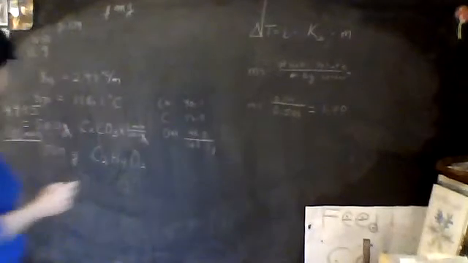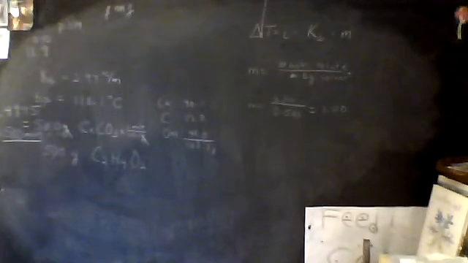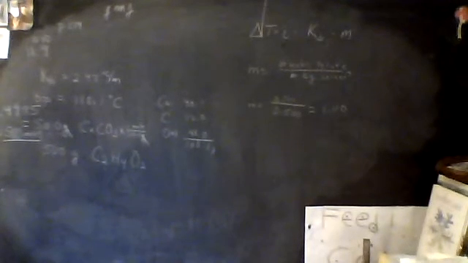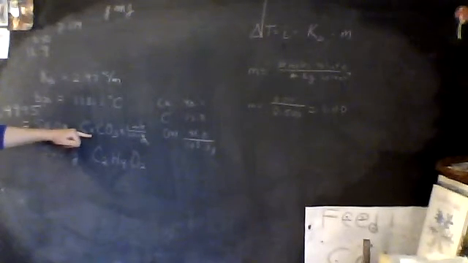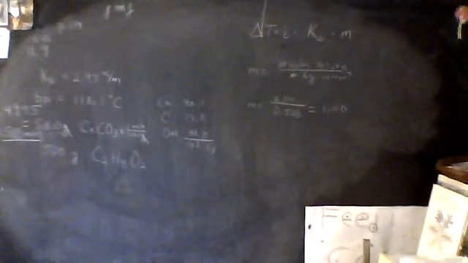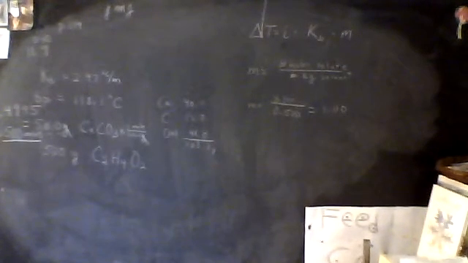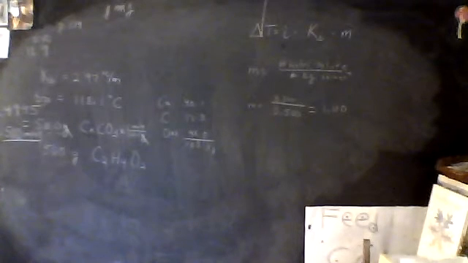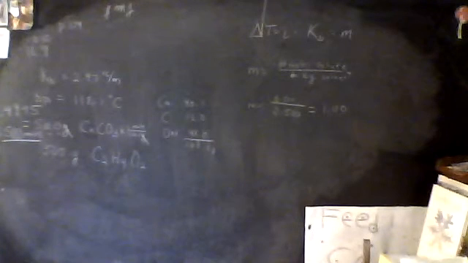So let's look at our calcium carbonate. How many ions is my calcium carbonate going to break into? We're going to have the calcium and the polyatomic ion carbonate. So 2.